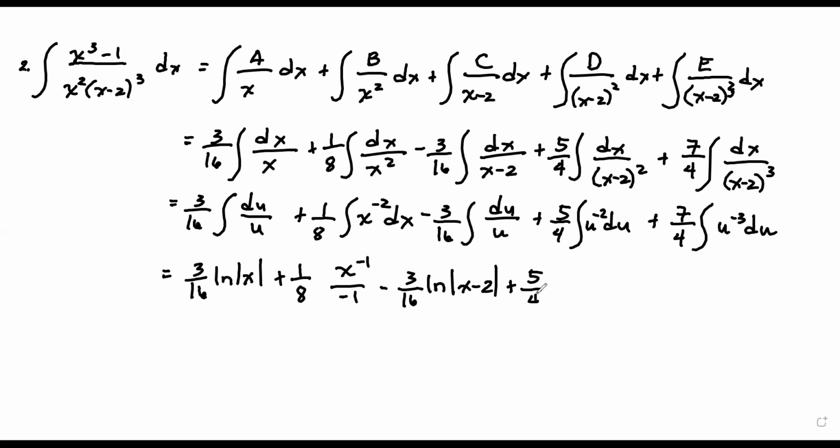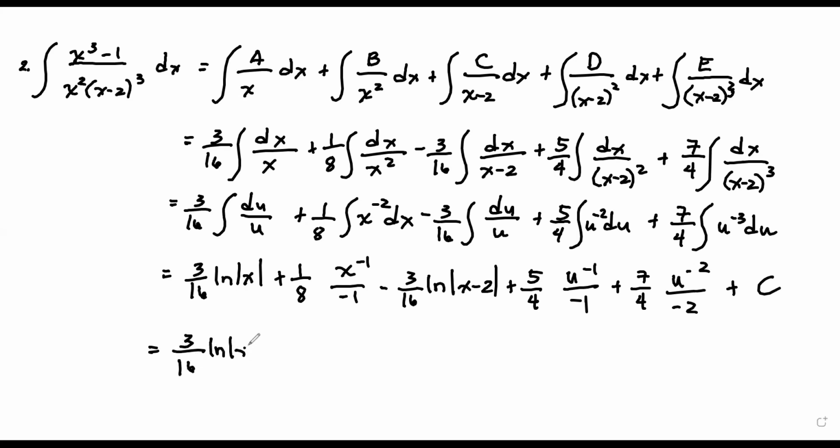Plus 5/4. Integral of u raised to negative 2 du is u raised to negative 1, where our u is x minus 2. And then integral of u raised to negative 3 du, plus 7/4, that is u raised to negative 2 over negative 2, plus C.